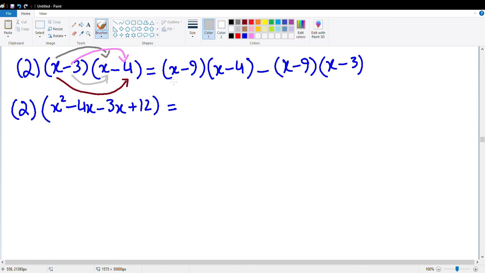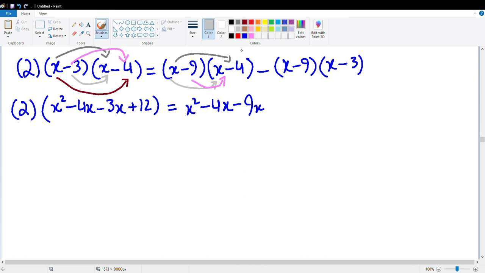again, let's use this. So x into x will get x squared. x into minus 4 gets minus 4x. And then minus 9 into x, we get minus 9x.